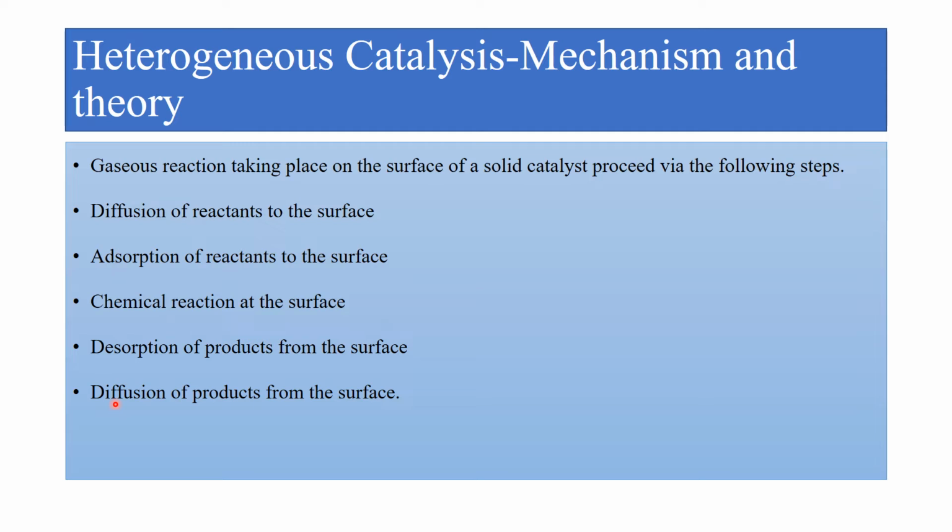That is, the intermediate compound disintegrates to form the final products, which then diffuse out of the internal pores and the external surface of the catalyst. In this case, the rate determining step is the chemical reaction, that is the third one, occurring at the surface. Chemisorption plays an important role in heterogeneous catalysis.